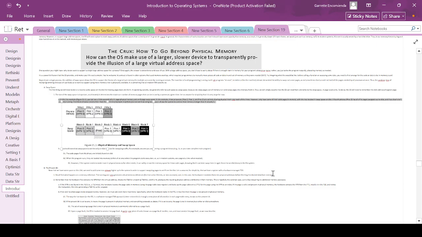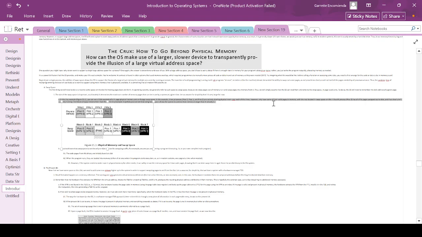So in the tiny example, figure 21.1, you can see a little example of a 4-page physical memory and 8-page swap space. In the example, 3 processes, proc0, proc1, and proc2, are actively sharing physical memory.